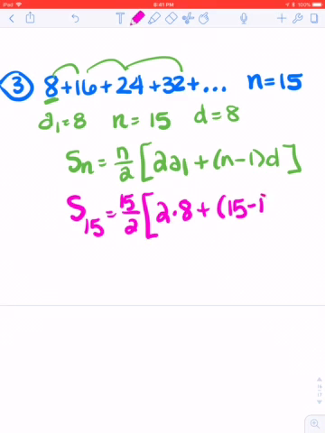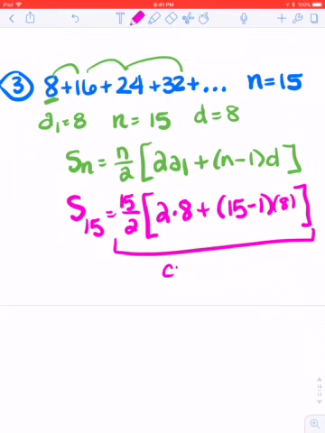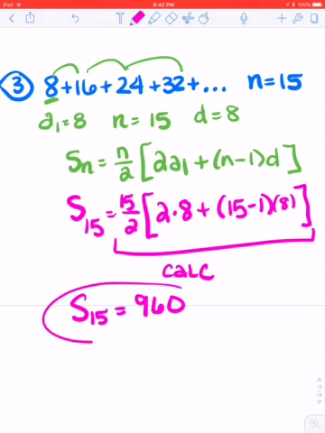Okay, so now we're in the right ballpark here. And my d is 8. Okay, once this part gets plugged into your calculator, my S sub 15 is going to be 960.